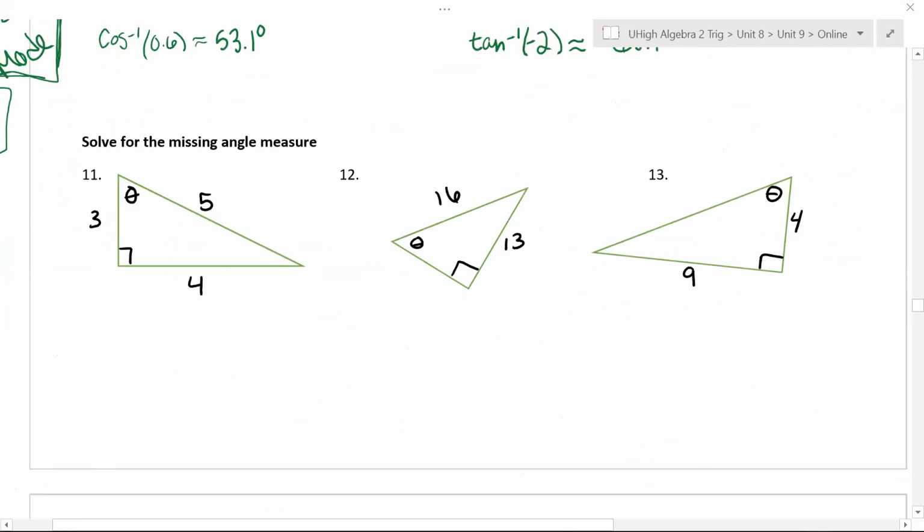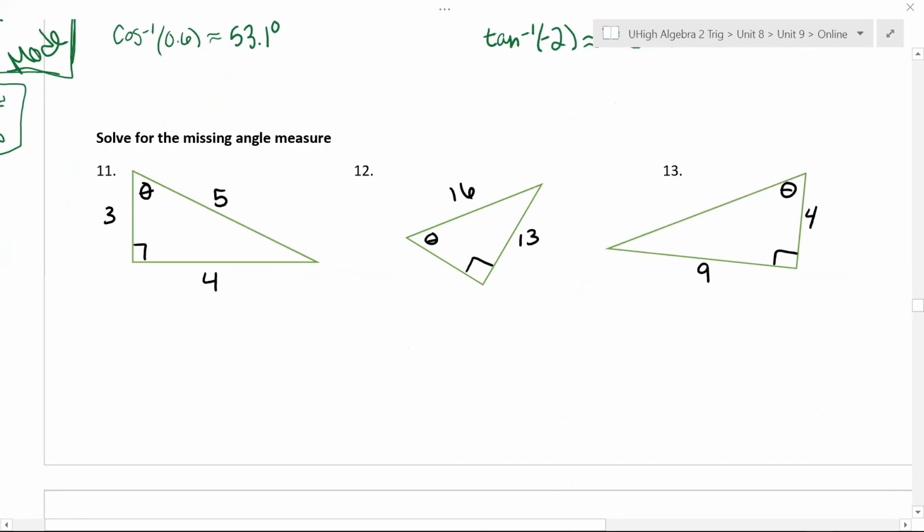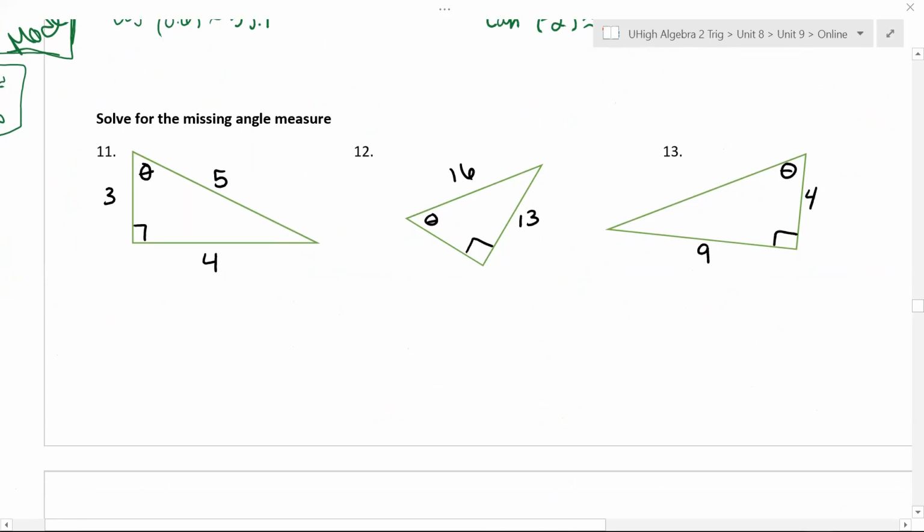All right, the next thing I want to do is solve for the missing angle measure. We did do this a little bit on that review page. Some of you had learned this in geometry, some of you haven't, so I am going to go through it in detail.